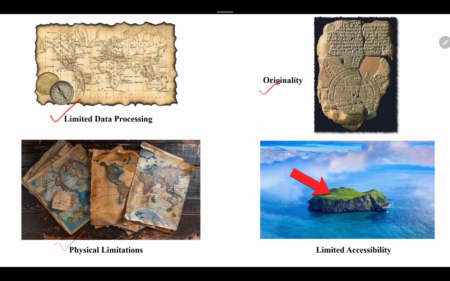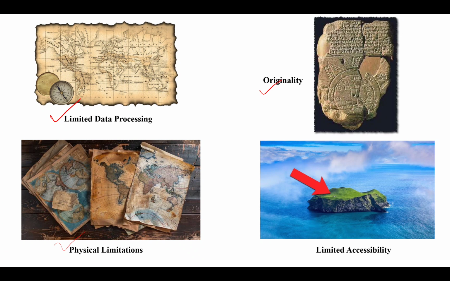Next is physical limitation. Manual maps are physical objects, paper or canvas or cloth, that can wear out over time. They can be damaged due to mishandling, insects, bugs, or environmental factors.